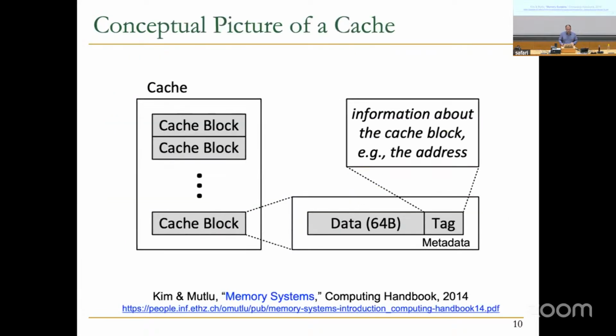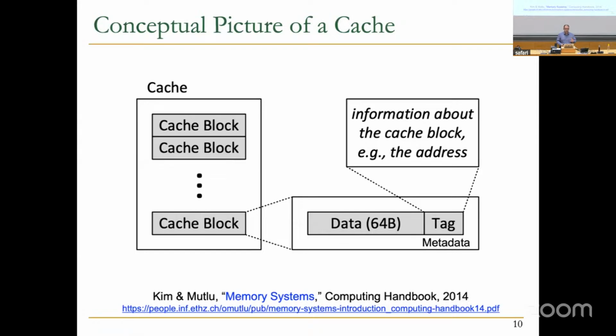So this is a conceptual picture of a cache. In your cache, you should have cache blocks, where you chunk your data into several blocks. And usually when we are talking about hardware implementation of caches, we want to have the same size for all these blocks in order to simplify the implementation.